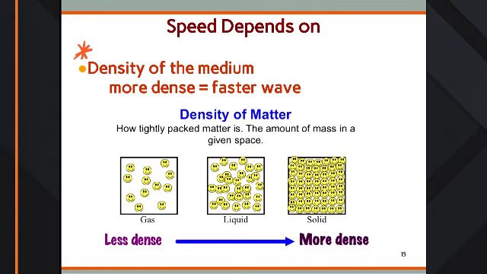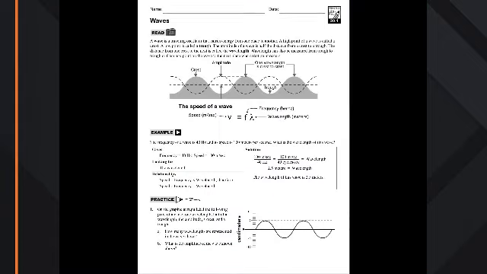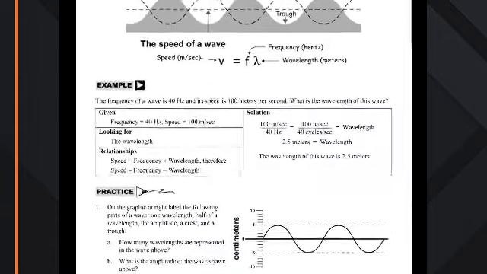A good way to see this is to put your ear on your desktop and have somebody tap it, or if you have the strings with cups, you can transfer the energy and test it out that way as well. Okay. Now, let's get on to our story problems here.